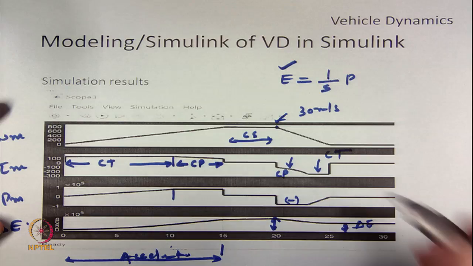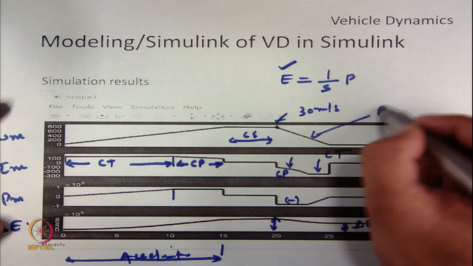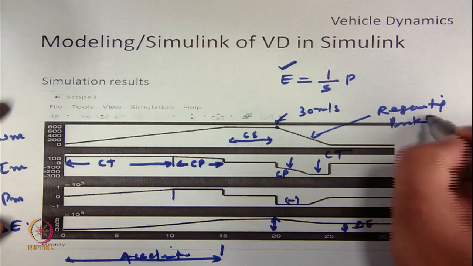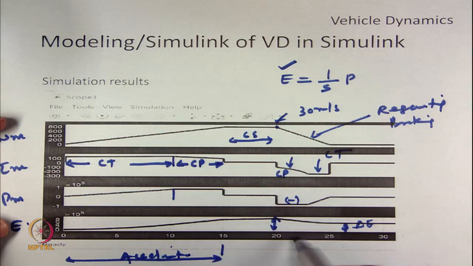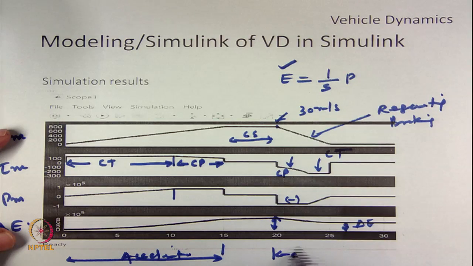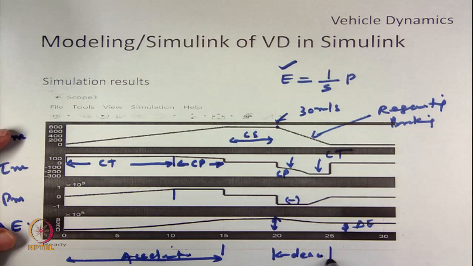So, basically this is regenerative braking, where power becomes negative and energy is absorbed by the battery. Here it is constant speed, acceleration, constant speed, deceleration and 0 speed.